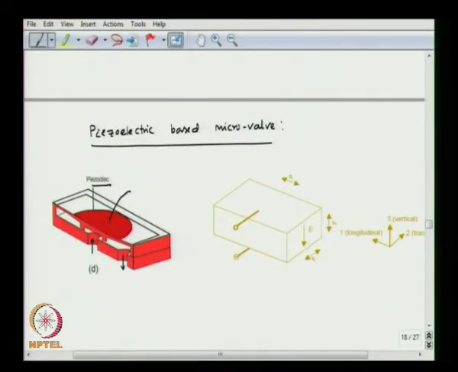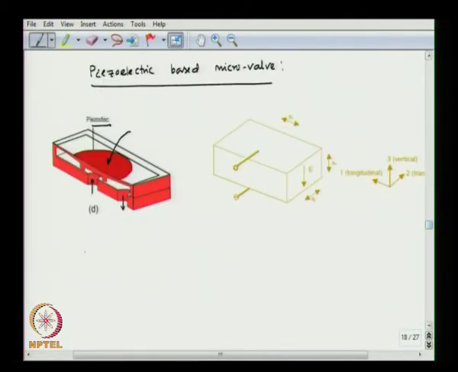And they can be reversible, so that if you apply a strain, then it will produce charge. But in this case we are interested in deformation of the piezoelectric crystal. So, we will apply an electric field to create a deformation or deflection. When you apply an electric field, this piezo disc is going to deform, and that is how the valve is going to be actuated.